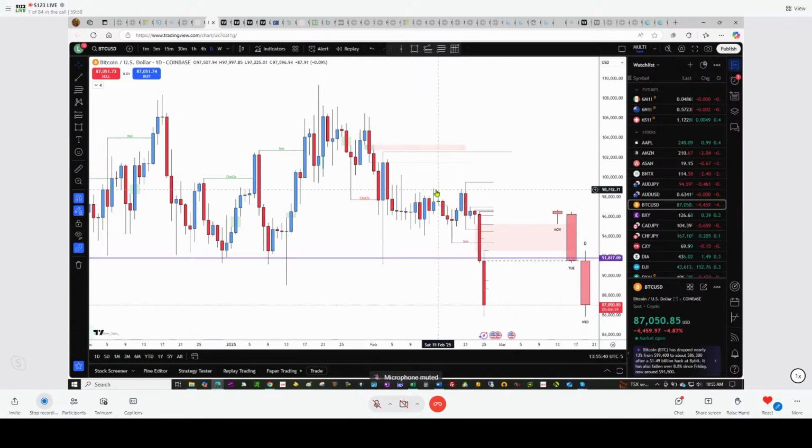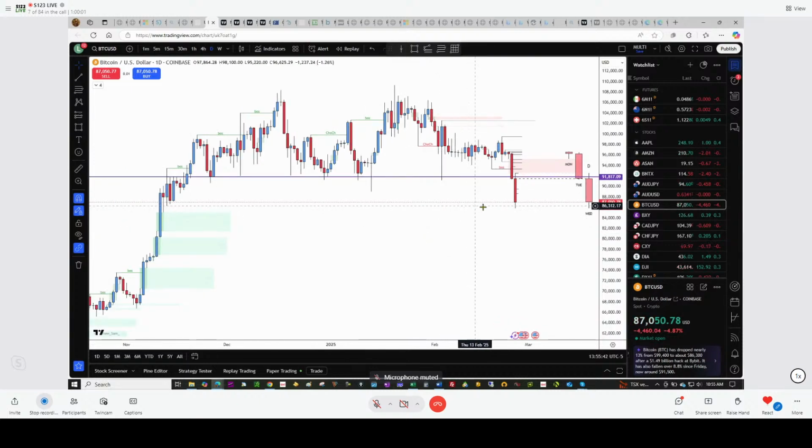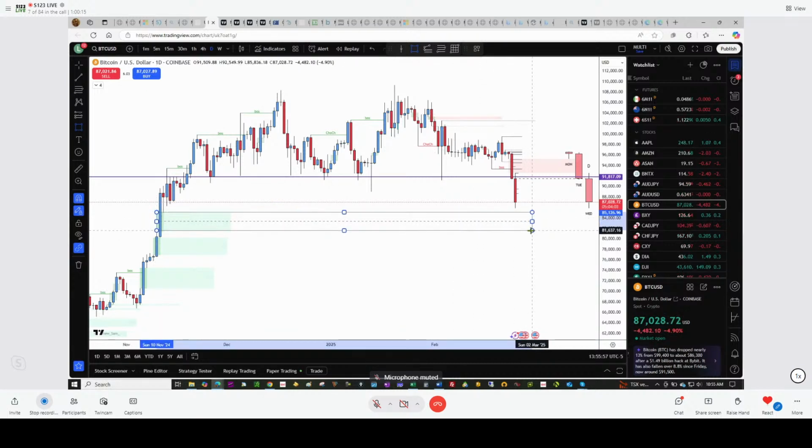So the question is, where are we going to, right? So at this point, yeah, you have to always ask, where are you going to? So there's a gap here, so that might be the first line of defense at that point, that we're going to that gap right there. Okay, so we're getting very close to that point.